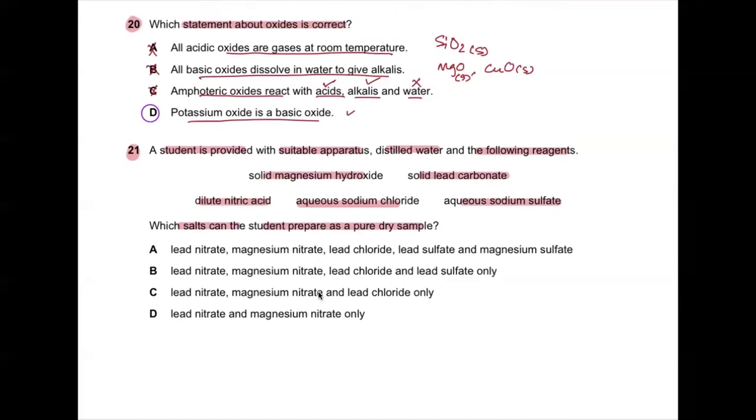So we have solid lead carbonate and we have dilute nitric acid. So we can prepare lead nitrate, which is present in all of them. So we are done with these two.